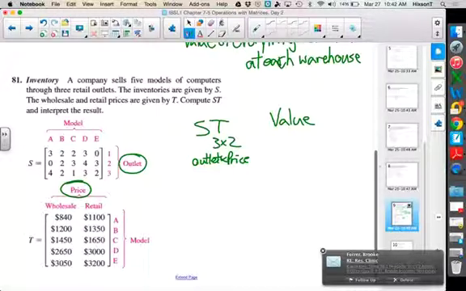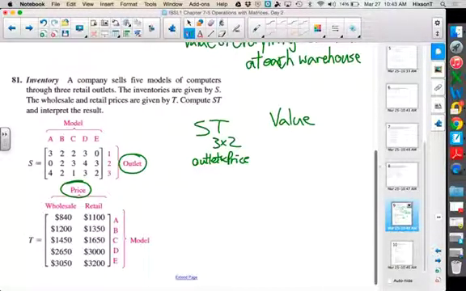It'd be just like if you went to the store and bought a case of pop, that would be your wholesale price. And then if you turned around and sold the pop, or soda, for 75 cents a piece, that would be your retail price.